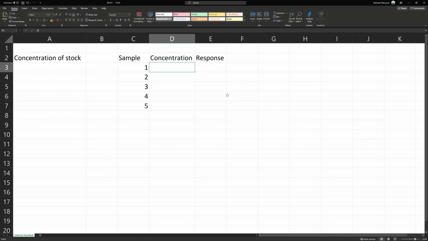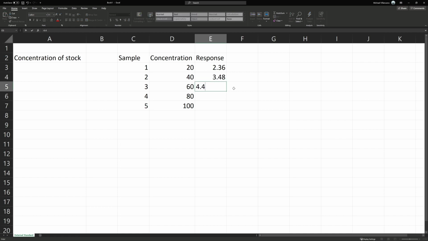So let's say the concentration of the samples is, let's use what we've typically been using, 20, 40, 60, 80, 100. And let's say the response is 2.36, 3.5, 3.8, 4.7, 6.28.